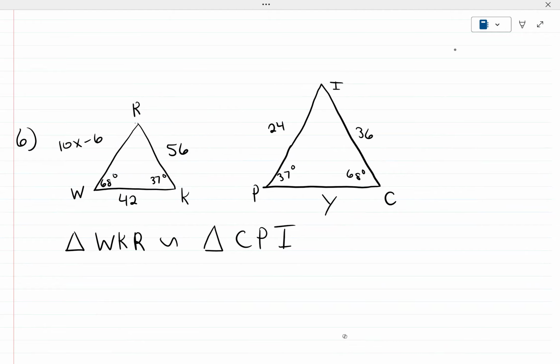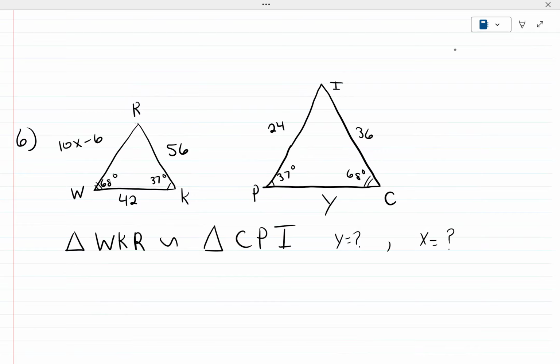We have to find the length of Y, and we have to find the length of X. If you examine the angles of the two triangles, why are they similar? Angle 37 is congruent to angle K, and angle 68 is congruent with angle W.